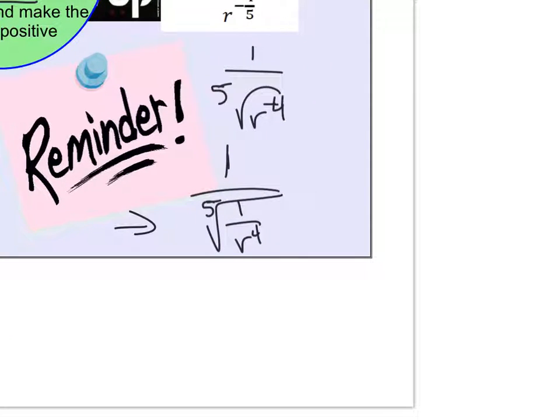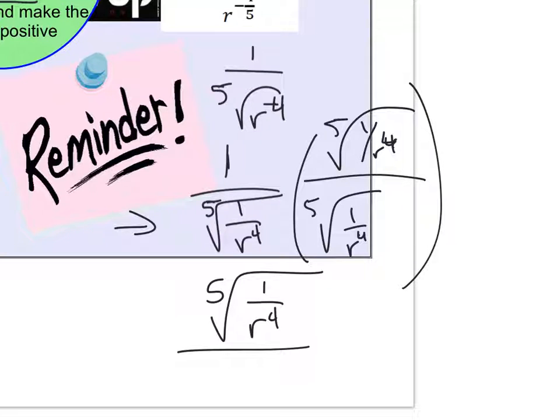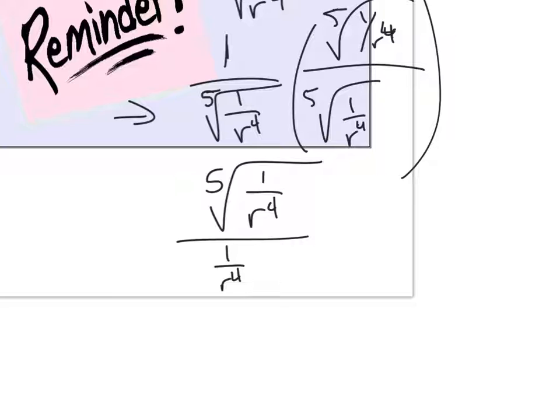One, you can't have a root of any kind in the denominator, so I need to multiply both the top and bottom by the bottom. So on the top, I will get the 5th root of 1 over r to the 4th. On the bottom, I will get 1 over r to the 4th.